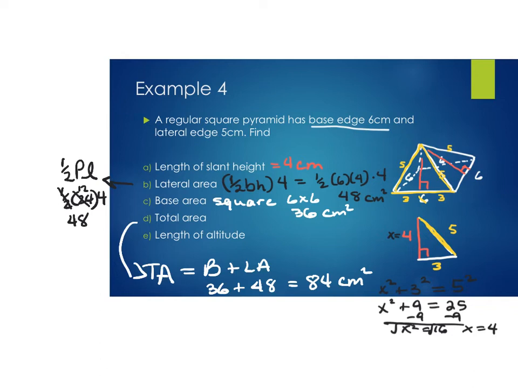Next, it wants me to find the length of the altitude. Well, my altitude is actually the height of my pyramid. And the pyramid's height, or the altitude, goes from that top vertex to the center of the base. So what we need to do is draw a right triangle inside here.